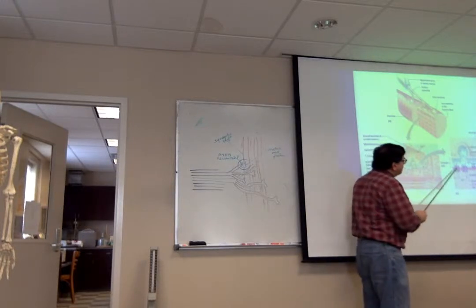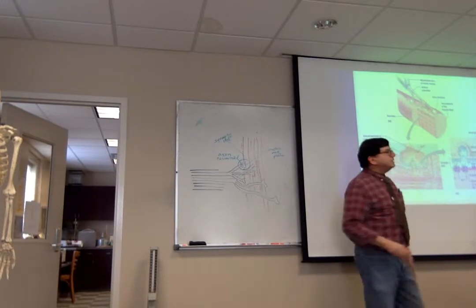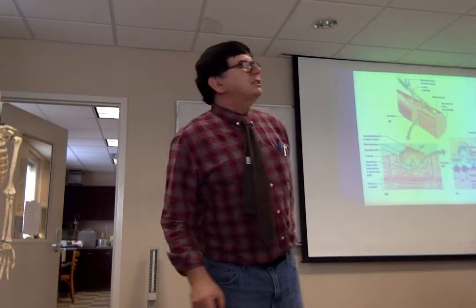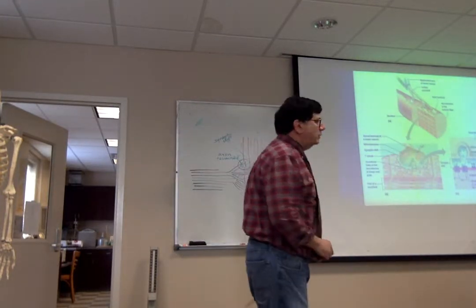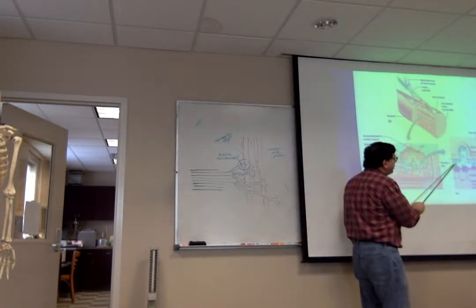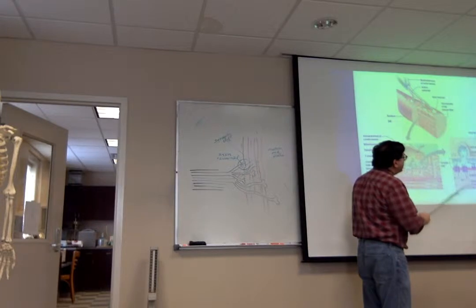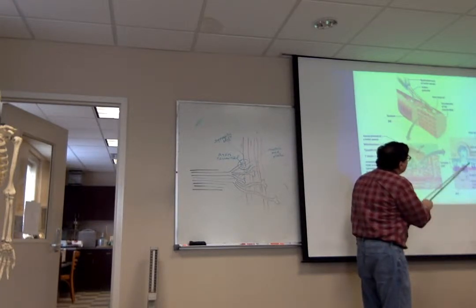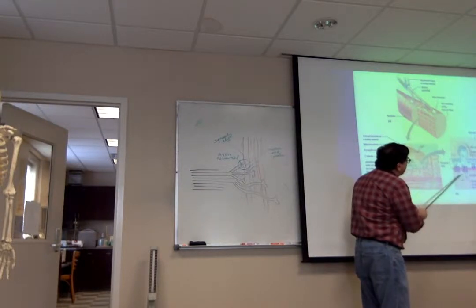Now, notice that these acetylcholine receptors, these nicotinic receptors, are linked to chemically gated channels. Such that when the chemical, the neurotransmitter, binds the receptor, it opens up these chemically gated channels to allow sodium to come into the cell. That's what's been shown here. At the same time, it allows the egress of potassium.